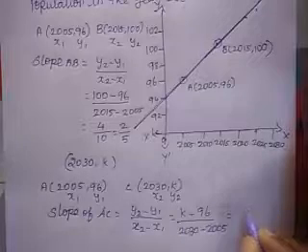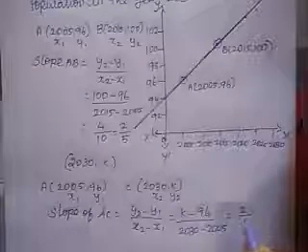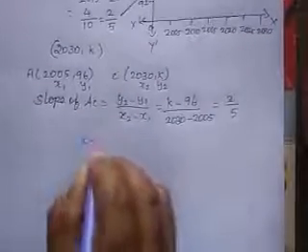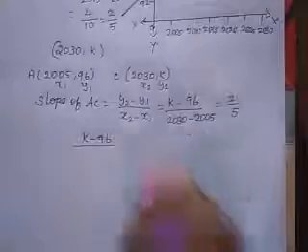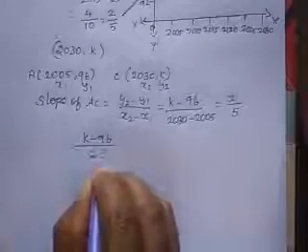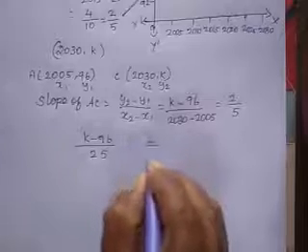The slopes are equal, so we take 2 by 5. K minus 96 by 2030 minus 2005, which is 25, is equal to 2 by 5.